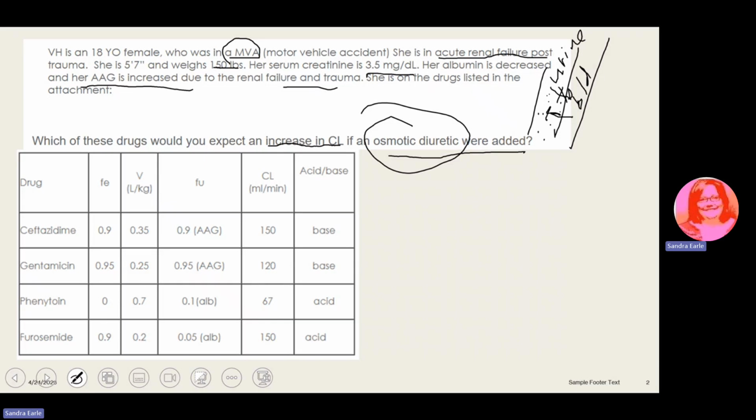Because you're adding water. You're trying to get rid of water. So you're trying to keep more water in the urine. That's what a diuretic does, which dilutes whatever is in the nephron.